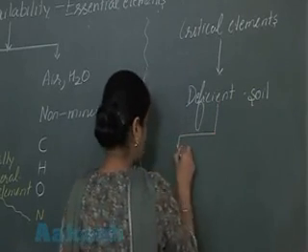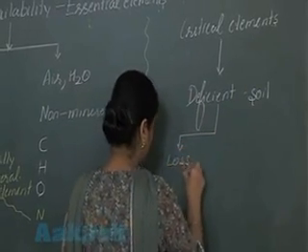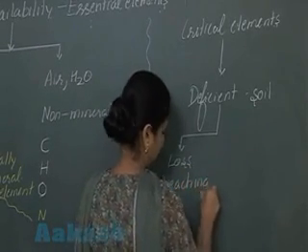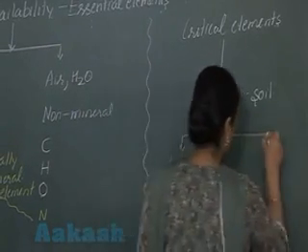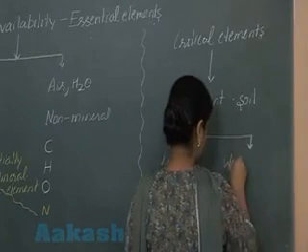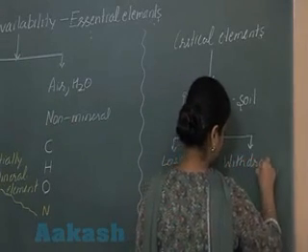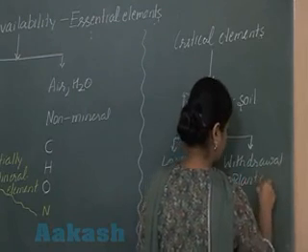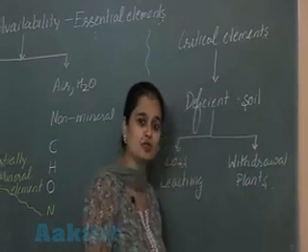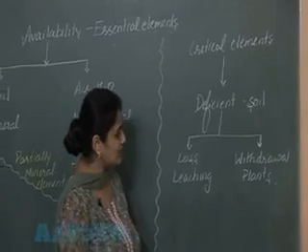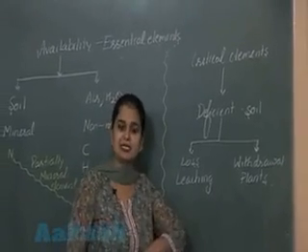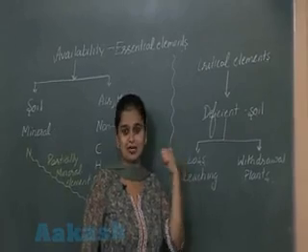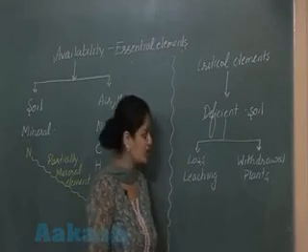One, they can be lost from the soil through the process of leaching, and second, they are withdrawn by the plants, because these elements are required by the plants in large amounts.